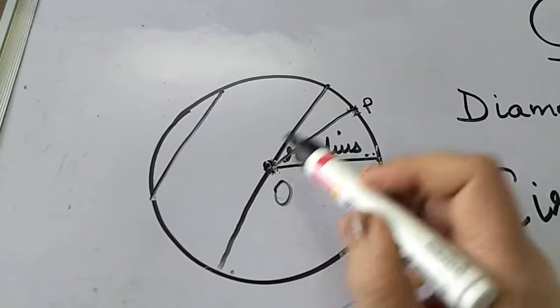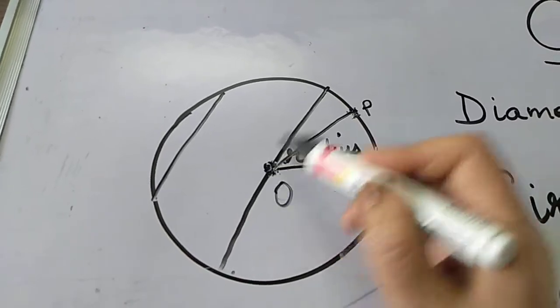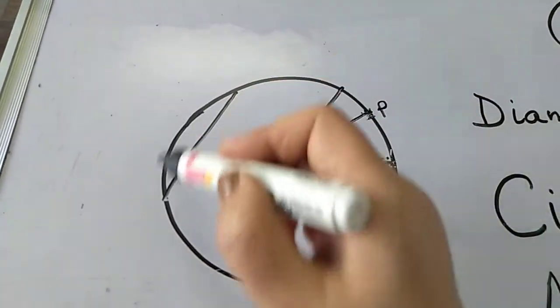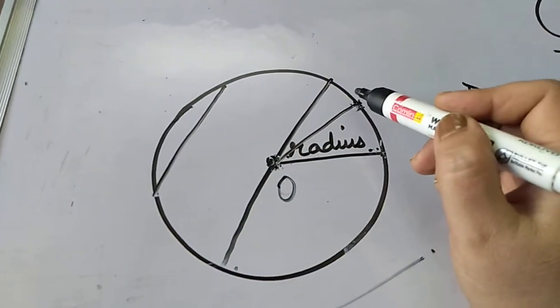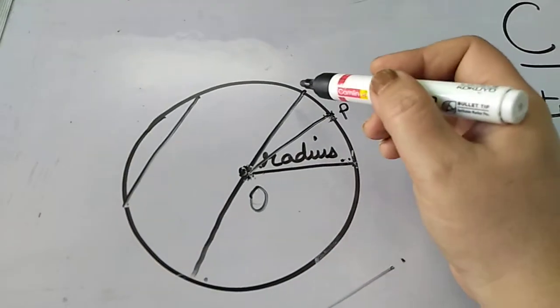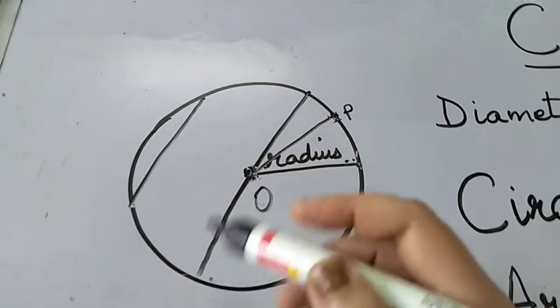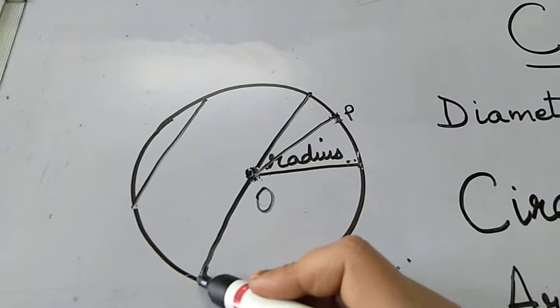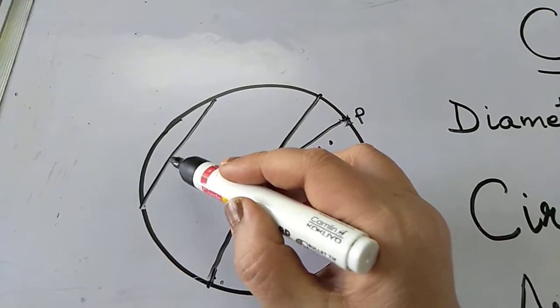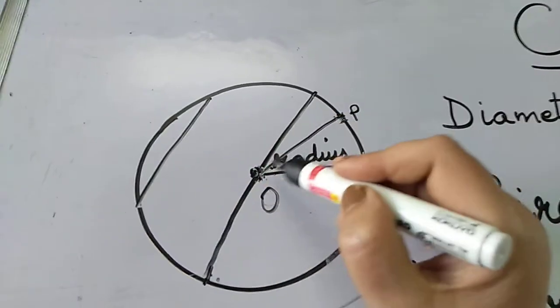Radius is the distance from the center to any point on the circumference of the circle. Now you all also know what the diameter is. Diameter always passes through the center of the circle. Diameter is the longest. This is not a diameter, this is called a chord, but this is a diameter.